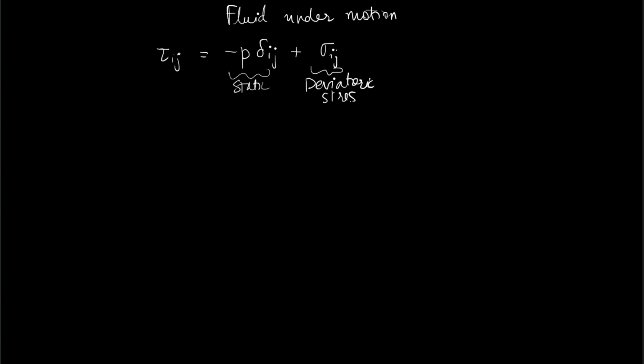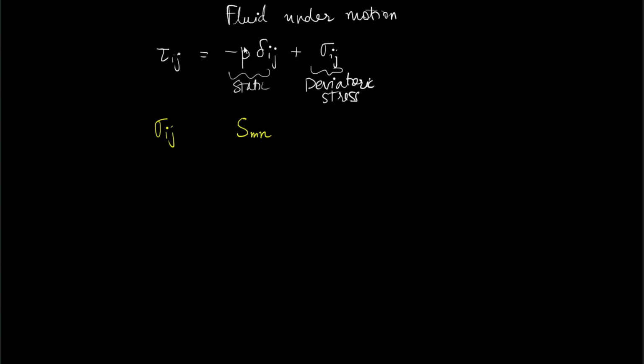So this is the deviatoric stress. Now the deviatoric stress, we have seen that it depends on the rate of strain. So sigma ij is dependent somehow on the rate of strain tensor. And I'm not writing ij because it can depend on other components of the rate of strain tensor also.